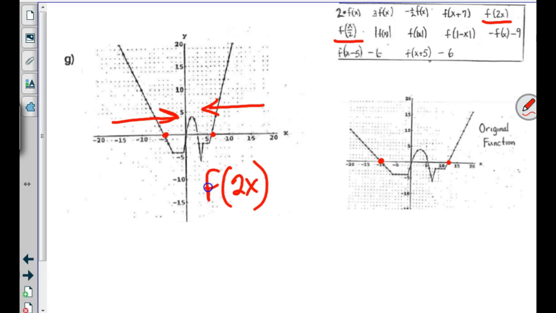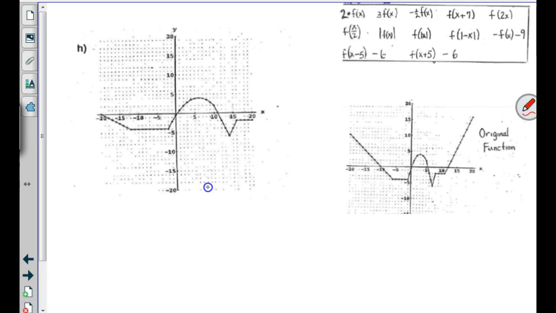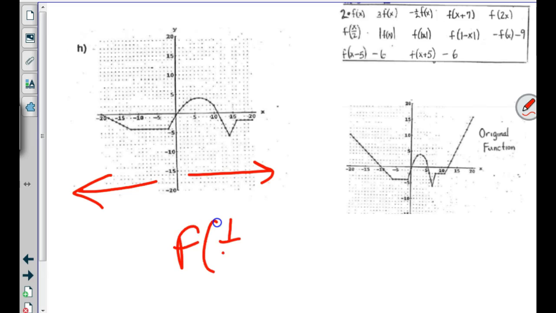Okay, but anything inside is the opposite of what it seems. So the 2 is what makes it smaller. All right. Stretched out this way. So that would be, yes, because this was at like 4 or 5. Okay, this one, I don't know. So this was at like 6 and now it's at 12. I don't know. I can't even tell.